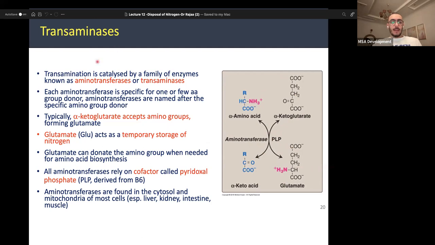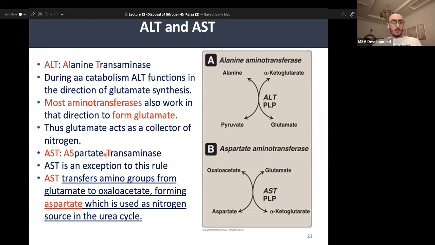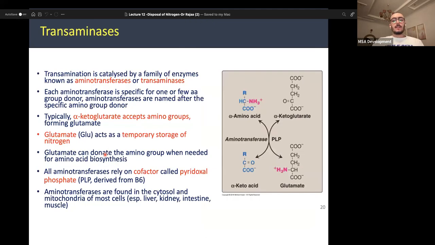Fair enough, easy. Again, what are the very important things you need to know in transamination? It's the whole process: what is the function, and what are the enzymes, AST and ALT? They just take the ammonium and give it to alpha ketoglutarate to form glutamate. Glutamate is the carrier of ammonium, just a temporary storage.